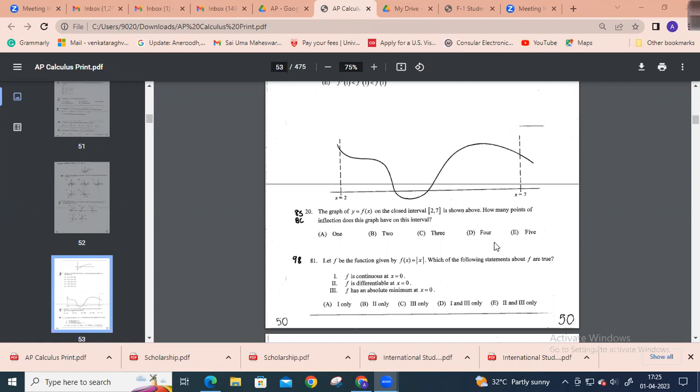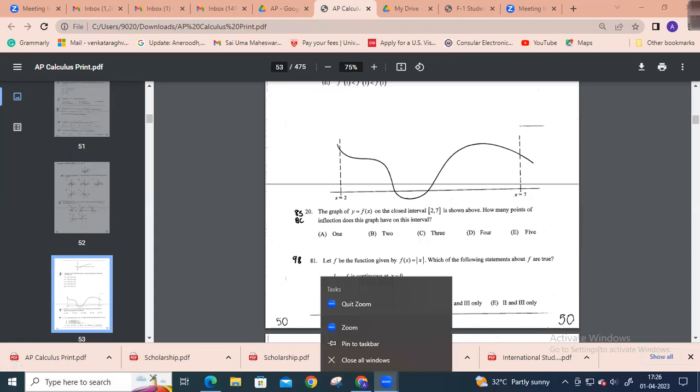Even some new students are there, right? Or at that time you were in exam mode. So most of you should happily be able to do this. How many points are there for concave up or concave down, or points of inflection? Everyone should answer here, all the students in the class. Simple, right?